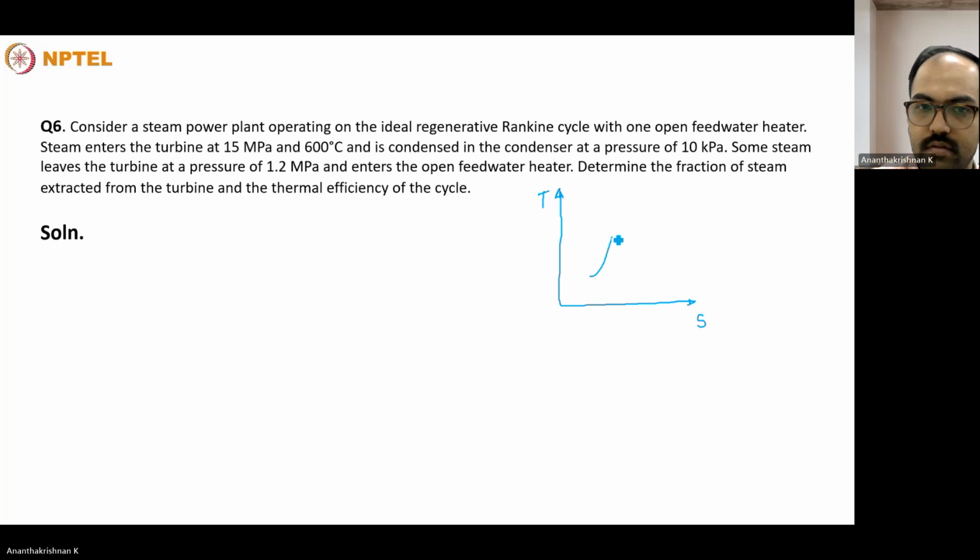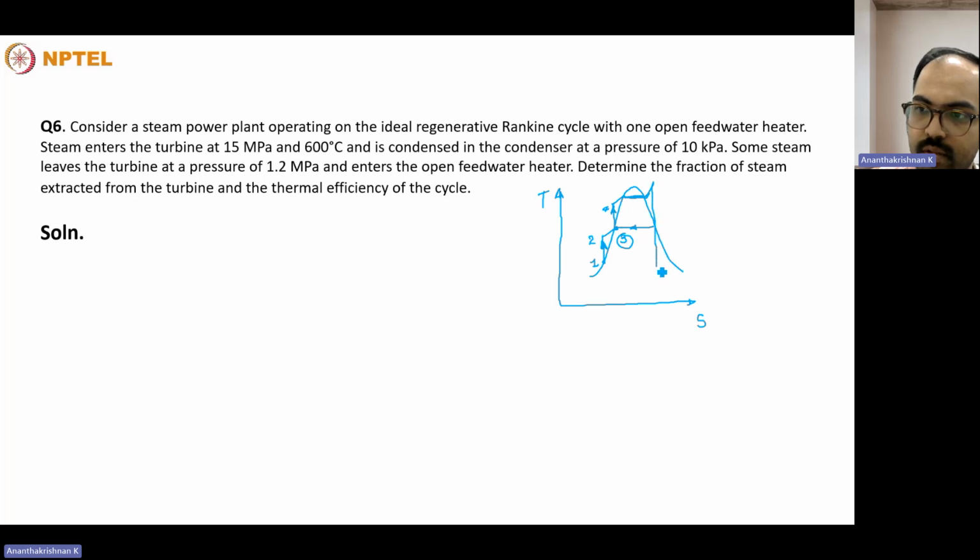So from 1 to 2, a low pressure pump, which mixes with the steam that is bled from the turbine, and then a high pressure pump to increase the pressure to the high pressure case, then the boiler heating, then the turbine expansion.